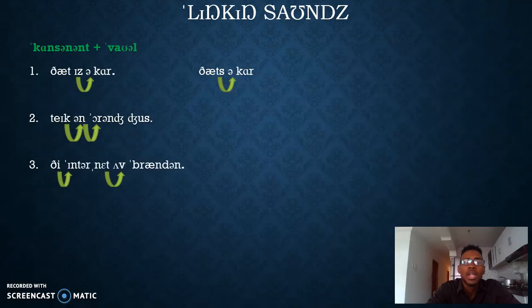So, linking, as I said to you before, is the use of consonant plus vowel. Here I have three sentences so that we can practice and see it in a better way. The first one we have is: that is a car. Here I'm not using linking. That is a car, 4 words.